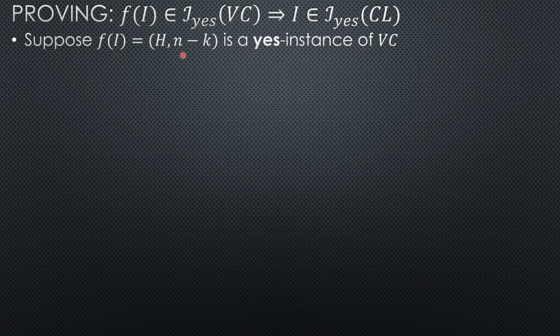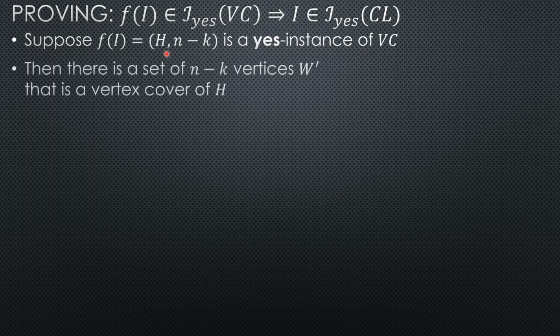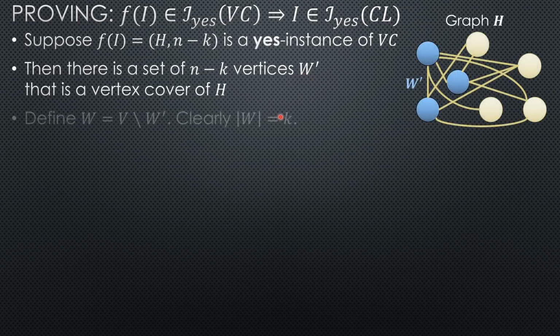So there is an n minus k vertex cover in H. We'll let that n minus k vertex cover be called W prime. That's going to be a vertex cover in H. And then we're going to define W to be the other nodes, not in W prime. W prime contains n minus k vertices, so W, the remainder of the vertices, is going to be just k vertices.